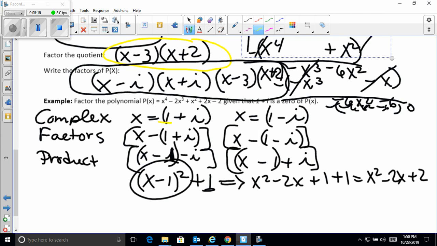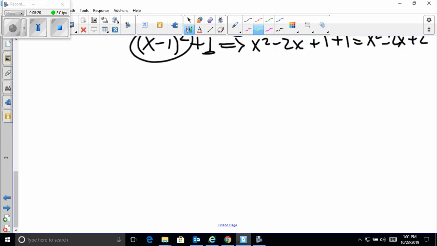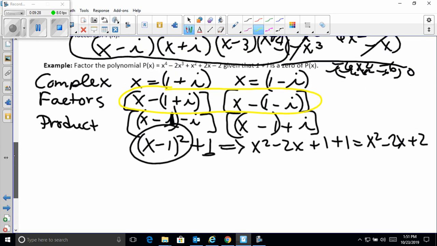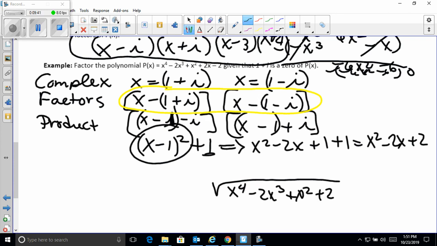Remember that I already have these two factors. I'm looking to see if I have any more. So I'm going to do some long division here with my original, which is x to the 4th minus 2x to the 3rd plus x squared plus 2x minus 2. And I'm dividing that by x squared minus 2x plus 2.